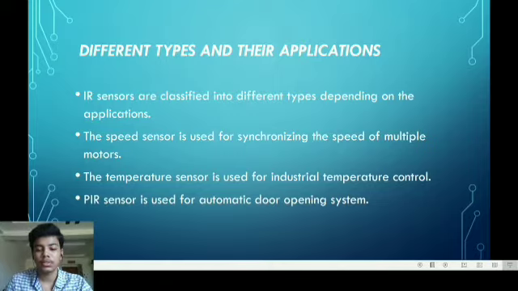The ultrasonic sensor is used for distance measurement. The ultrasonic sensor is similar to the IR sensor, but the emitted rays are ultrasonic waves. Ultrasonic waves are used for short range, whereas IR sensors are used for somewhat longer range.